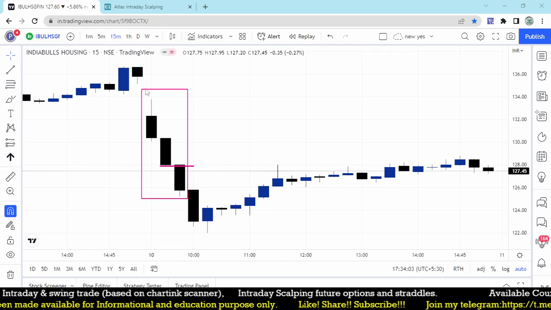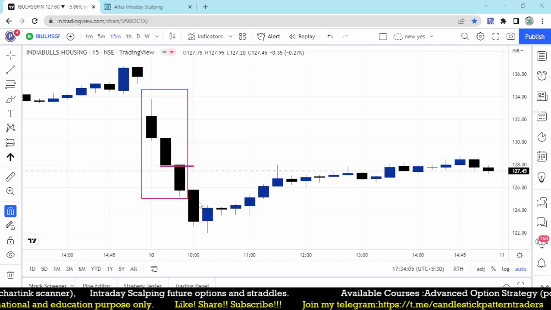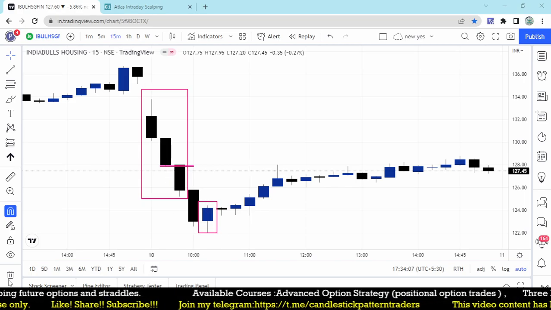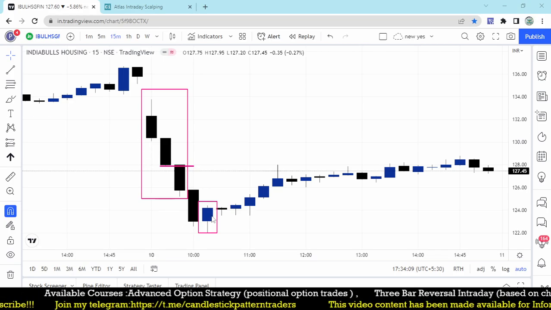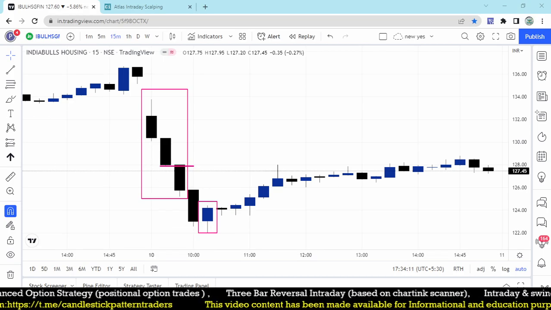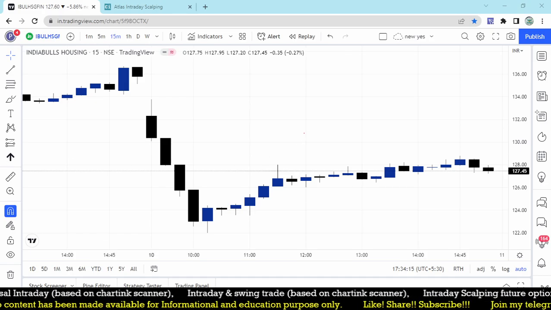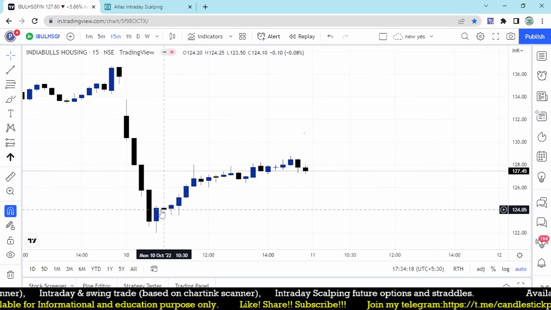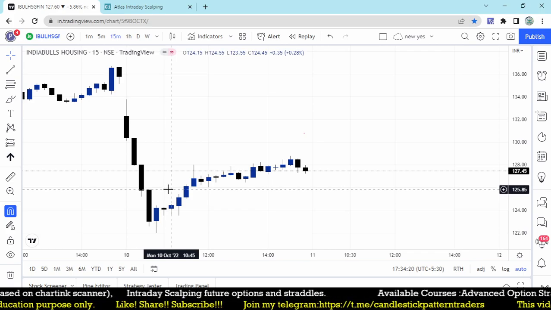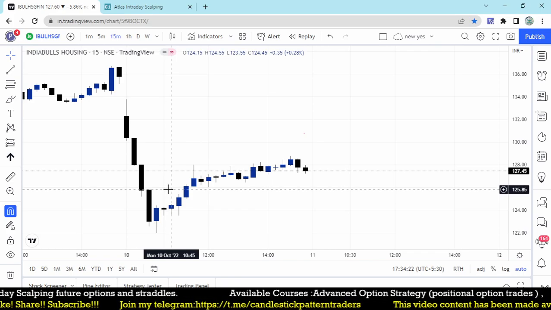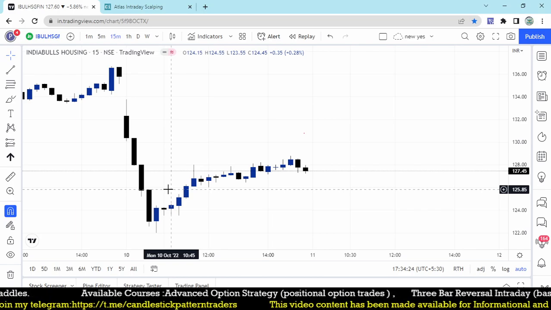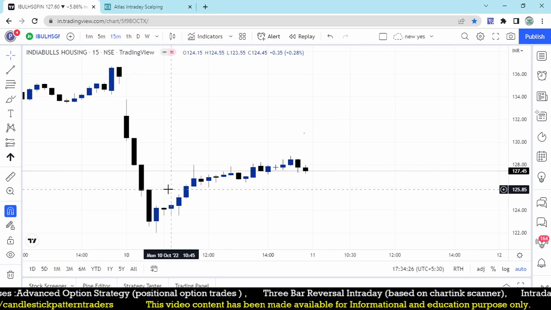And after 4 consecutive downs, the 5th one is a price rejection. After 4 consecutive downs, there is a price rejection where you can see there is an opportunity even for buying, but I'm not interested in buying. If it crosses above this level, 125.85, it must go up because it has already had consecutive downs.